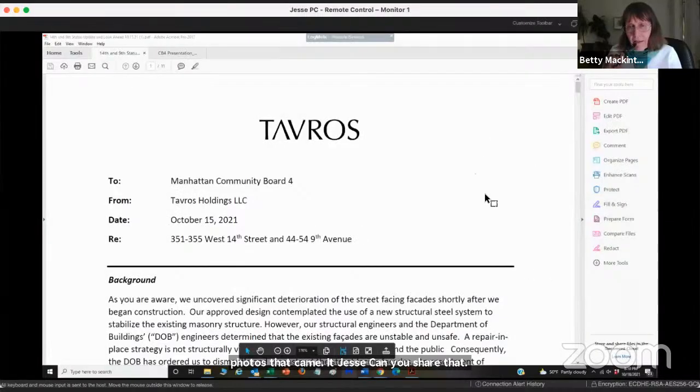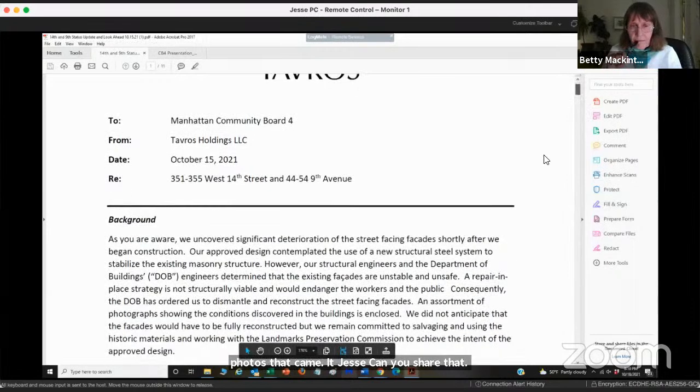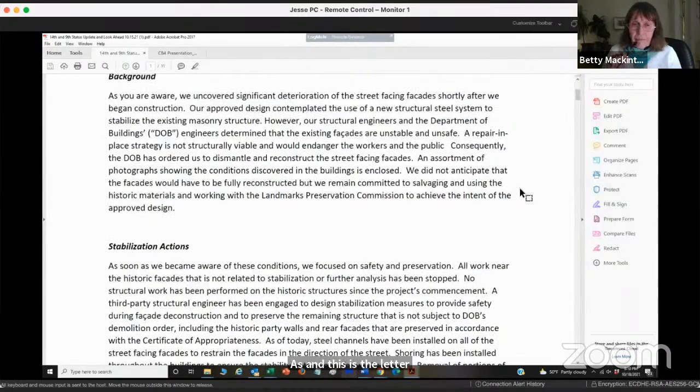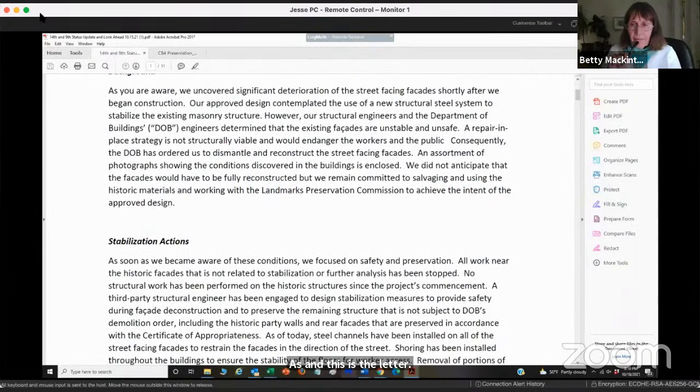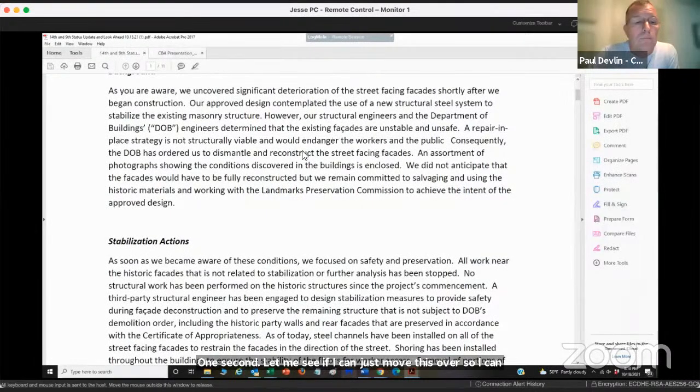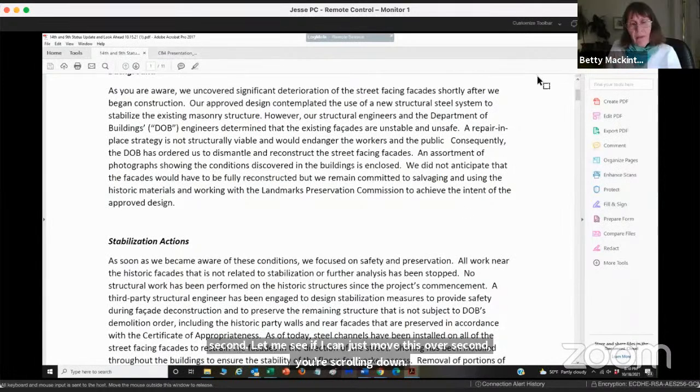Maybe this would be a good time to look at the photos that came. Jesse, can you share that? So this is the letter. One second, let me see if I can just move this over. Yeah, you're scrolling down, that looks good.